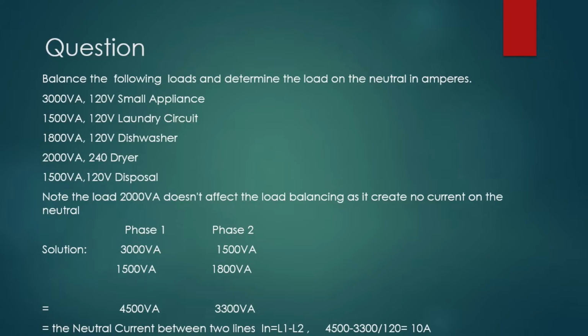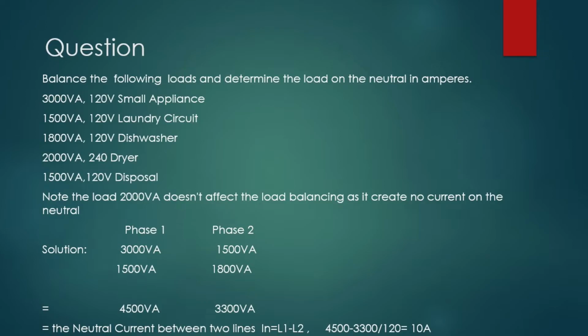We're taking one set of load on one side and the other on the other side, so we try to make the current between L1 and L2 as minimum as possible. We distribute our loads evenly on both phases, maybe from a distribution panel, and so forth.